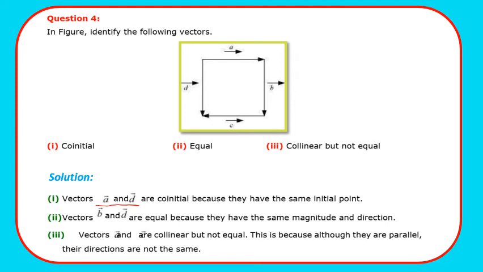So it was very simple: A and C are collinear but not equal because they have the same magnitude, but their directions are different and they are parallel to each other. So they are parallel, their directions are not the same, so they are collinear but not equal. Clear? So pause and note down the solution.